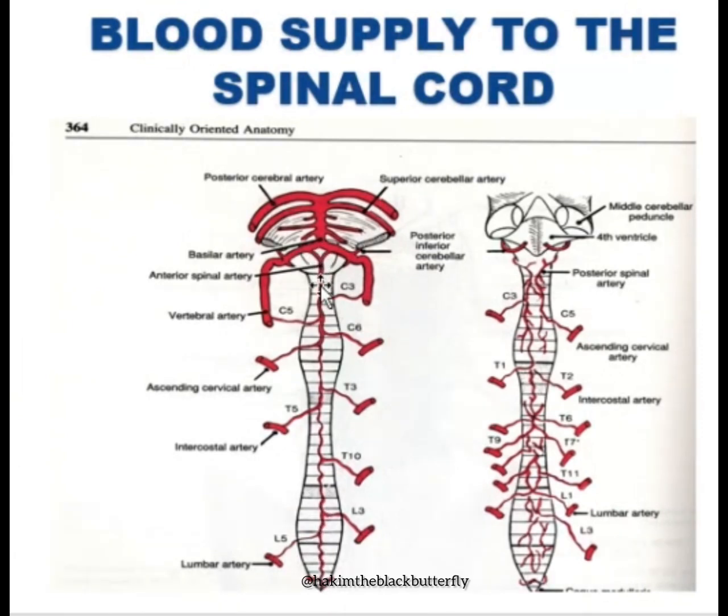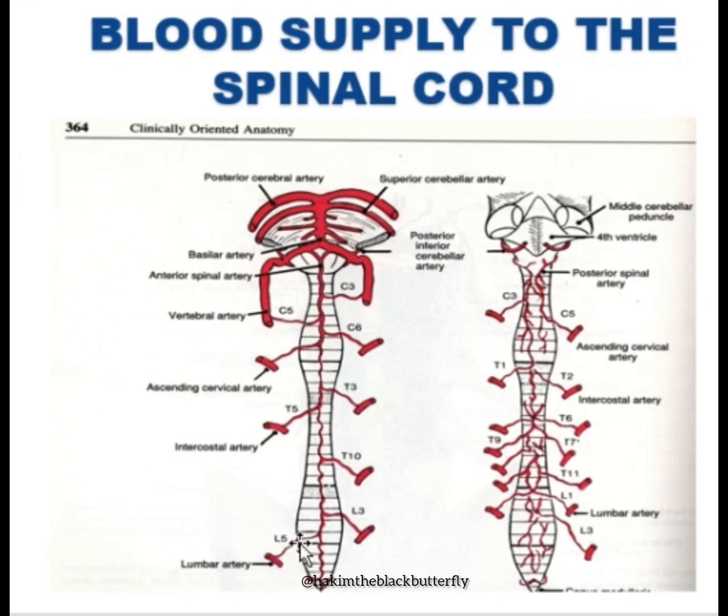But when the anterior spinal artery is descending down on the anterior surface of the spinal cord, it is getting compensatory branches from the intercostals and then the spine. We have the cervical spinal arteries supplementing the anterior spinal artery in the neck region of the spinal cord. And then we have these intercostal arteries also supplementing the anterior spinal artery within the thoracic portion of the spinal cord.